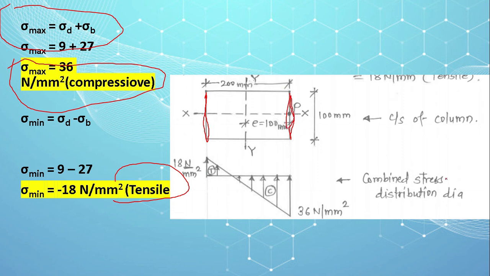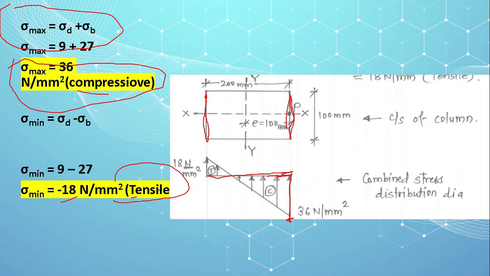For drawing this stress distribution diagram, first of all draw one reference line. On this side value of stress is 36 and it is compressive in nature. Compressive means draw this line below this reference line and take proper scale and mark here 36, and minus 18 is acting on this side. Minus means this is tensile.